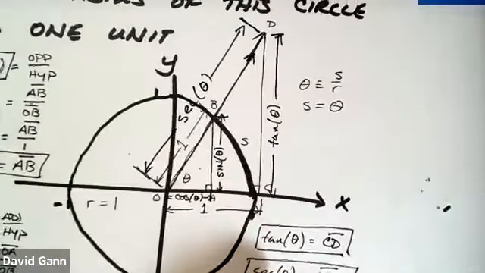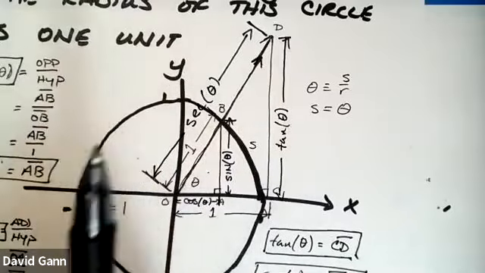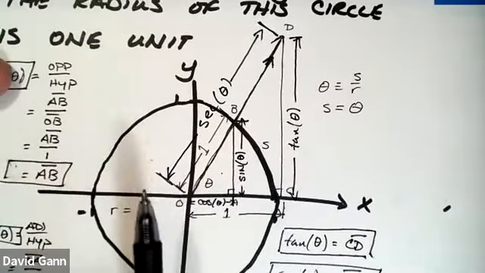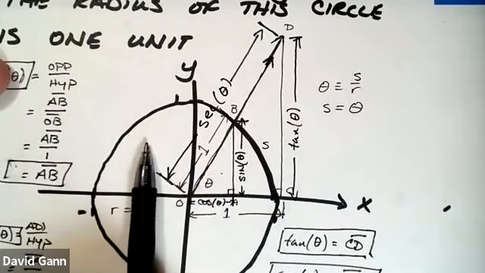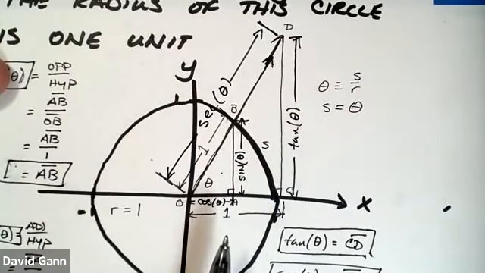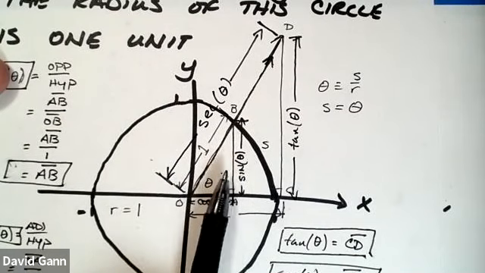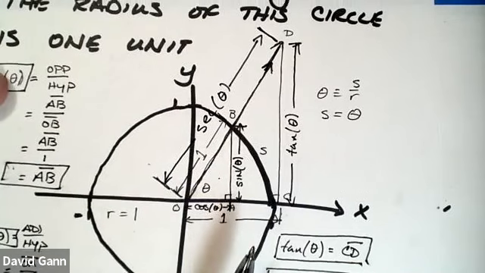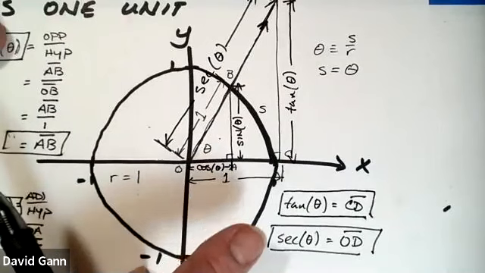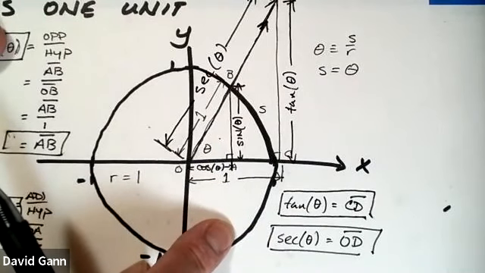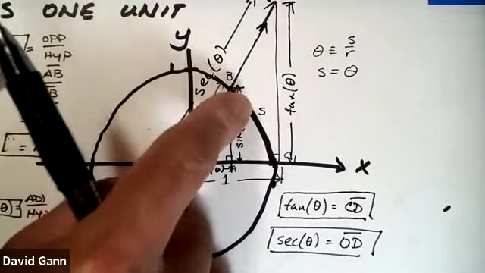Right? So you can see from that now you have to be careful with the signs, because secant is negative in quadrants 2 and 3, and positive in quadrants 1 and 4. So secant goes from being increasing in quadrant 4 to increasing in quadrant 1.